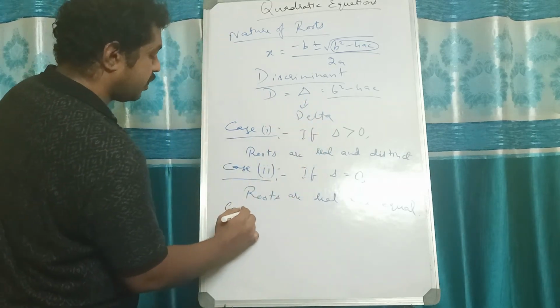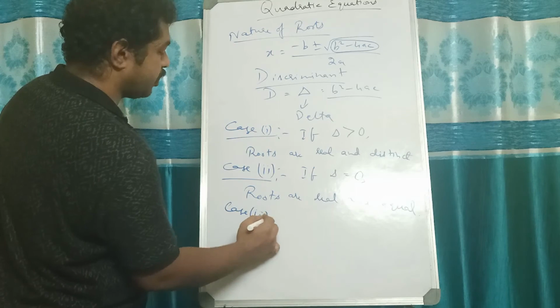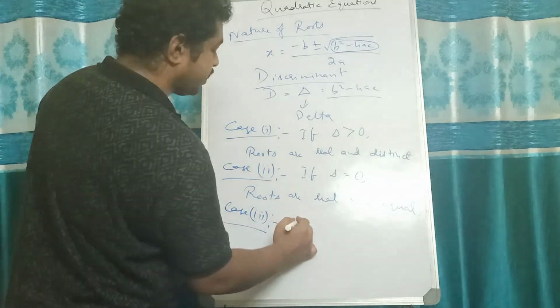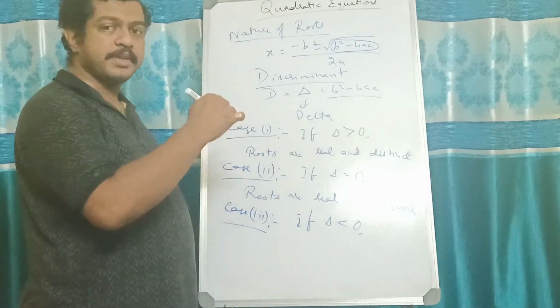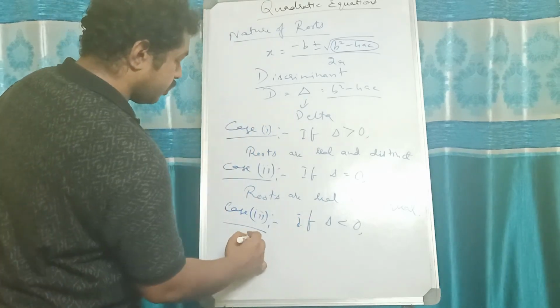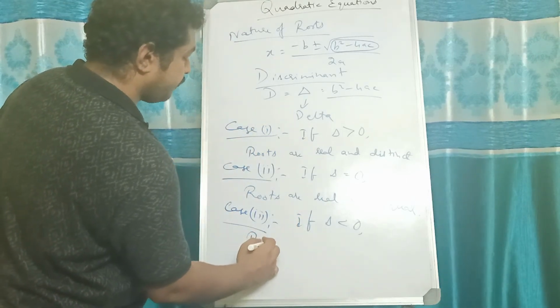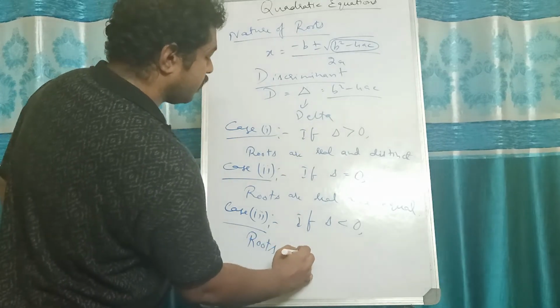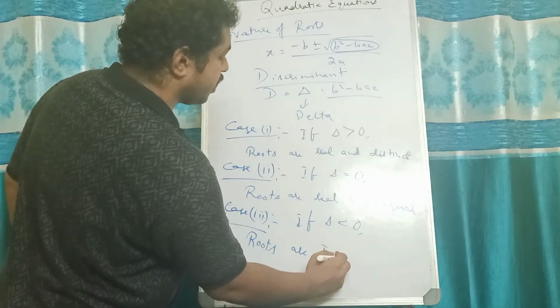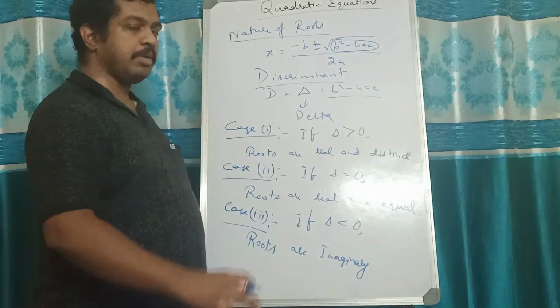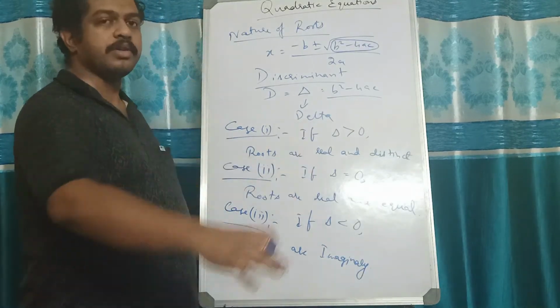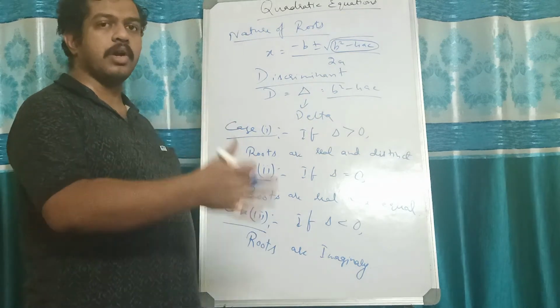And similarly, the last possibility is, what if delta is a negative number, that is, less than 0? If it is less than 0, the roots are imaginary. Imaginary means something which is not a real number.